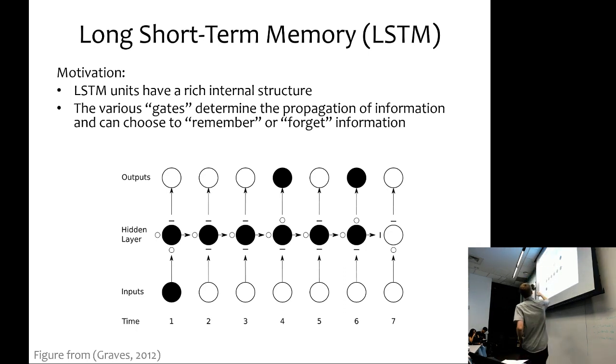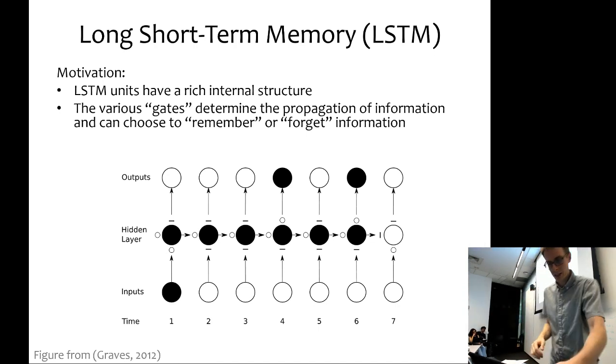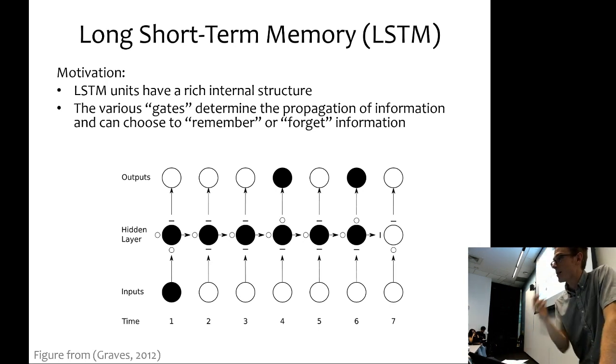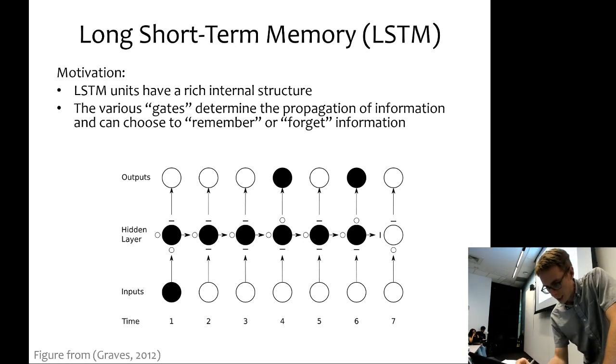And so you can see pictorially what's going on here is there's these little circles and these little lines. And these are supposed to indicate whether or not a gate is open or closed. Okay, and so here we have an open gate, and an open gate, and an open gate, and an open gate.